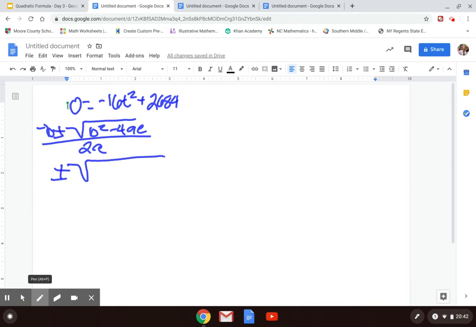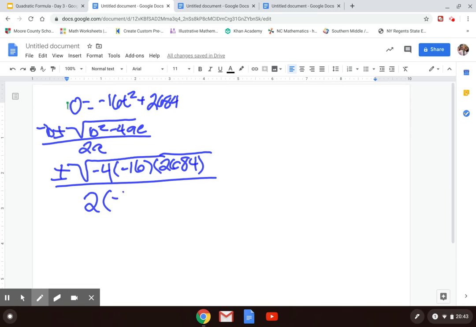So I'm going to have plus or minus the square root of a negative 4 times a negative 16 times 2,684, all of that divided by 2 times a negative 16. Okay?